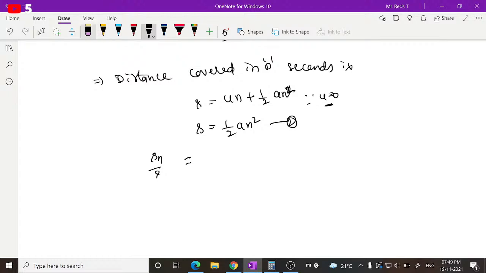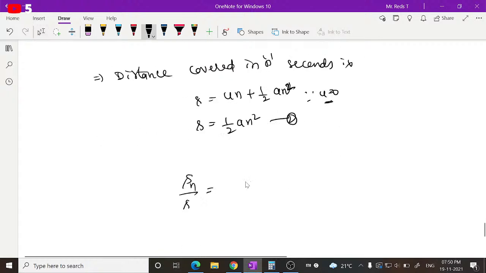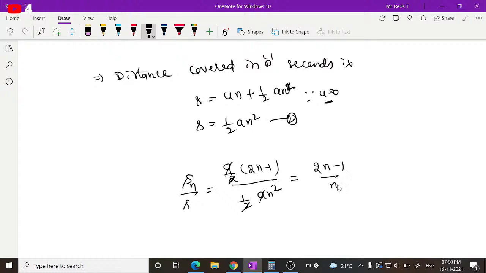So Sn by s is equal to a by 2 into 2n minus 1 divided by s, which is half into an square. Here this 2 gets cancelled and this a also gets cancelled. So we will get 2n minus 1 by n square.